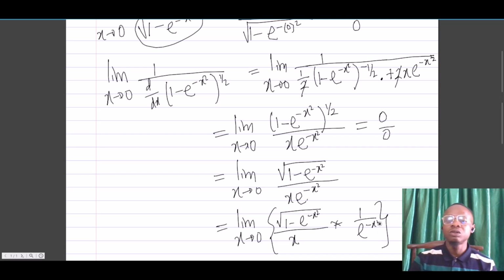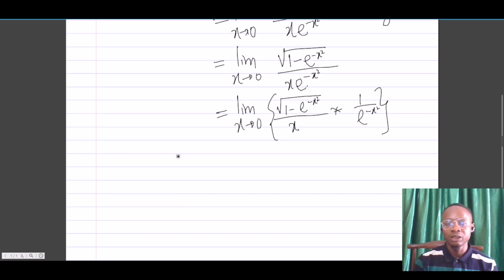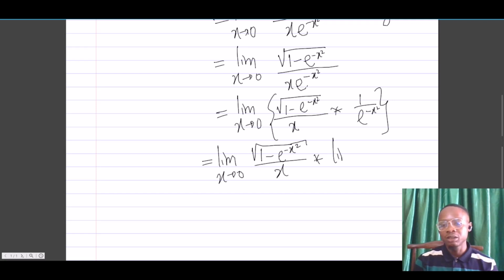And by rules of simplifying limits, we can break this down into the limit as x approaches 0 of root of 1 minus e to the power minus x squared divided by x, then multiply by the limit of 1 over e to the power minus x squared as x approaches 0.